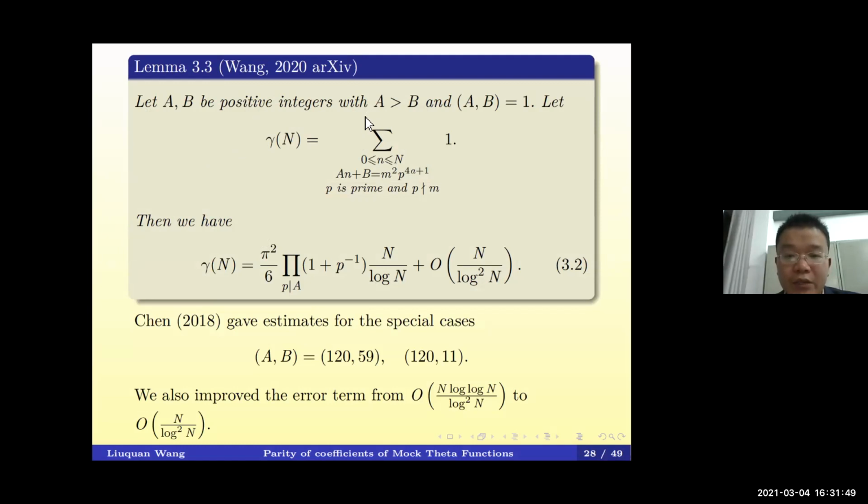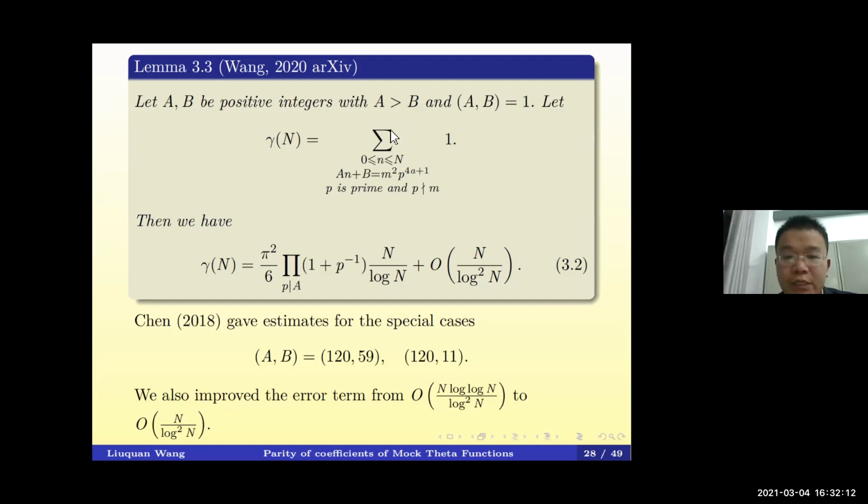Then we want to count how many integers n less than or equal to capital N satisfy that An plus B is equal to m squared times p to the 4a plus 1, where p is a prime which does not divide m. We want to solve this kind of equation and see how many solutions we have.